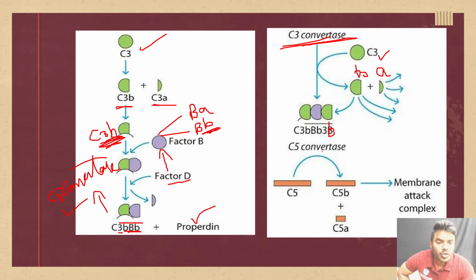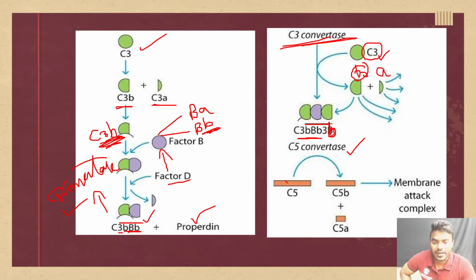C3BB. To that what are we adding? We are adding another 3B. We need not write C once again. So C3BB, which is our previous complex, to that we just added another 3B molecule. That's all. Now I have indicated it with a bar. Now it is called C5 convertase.